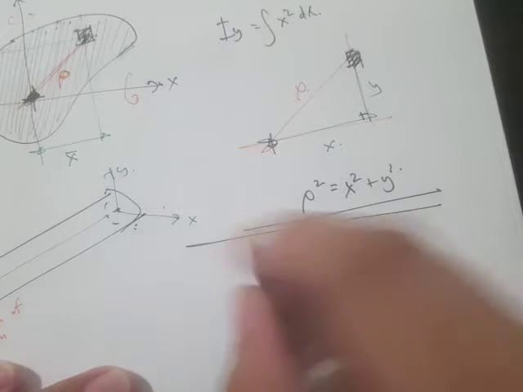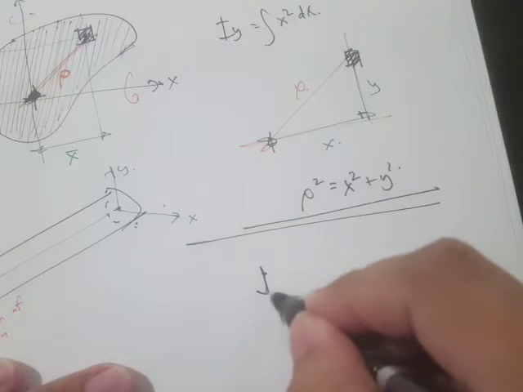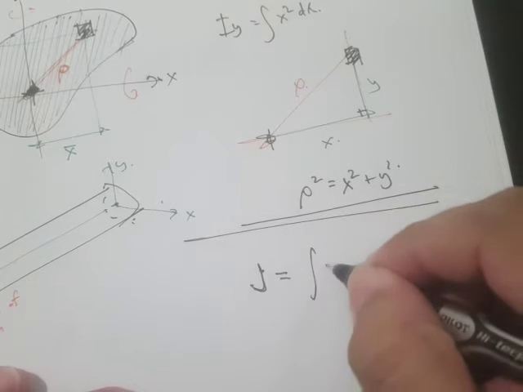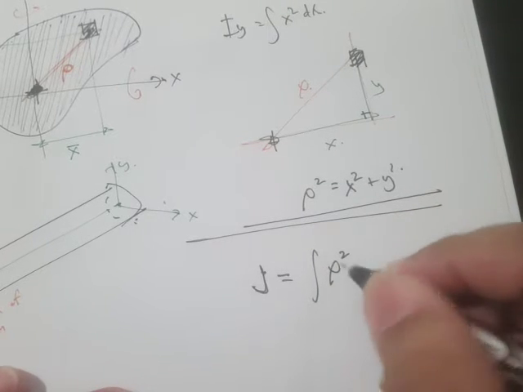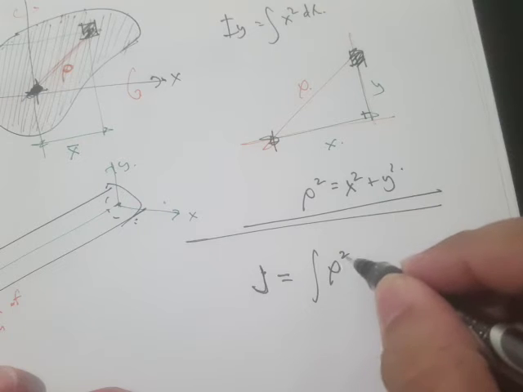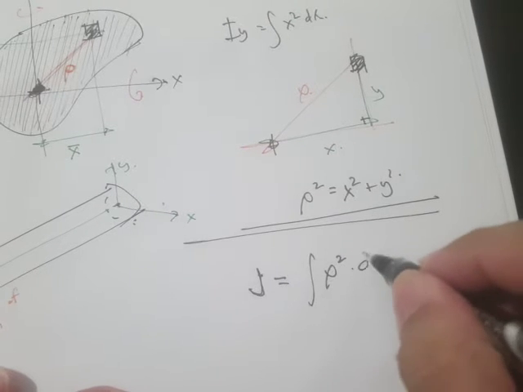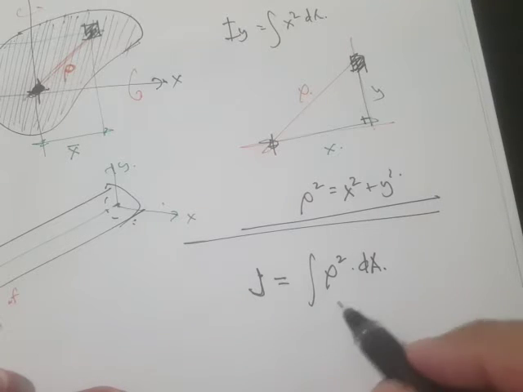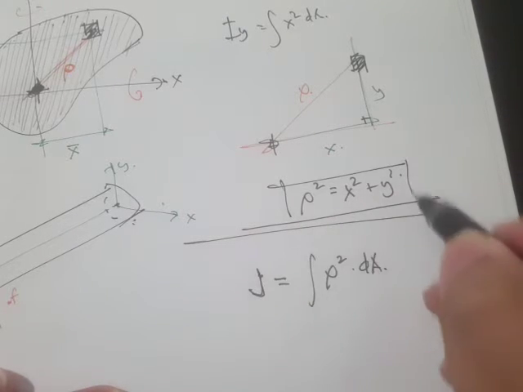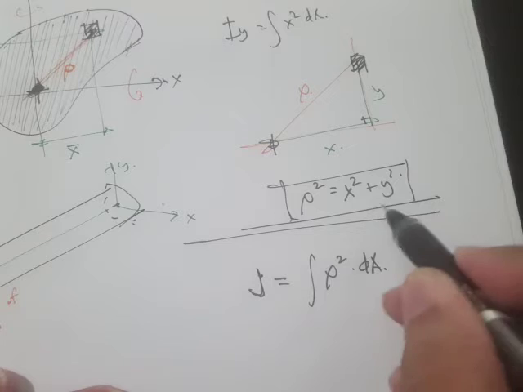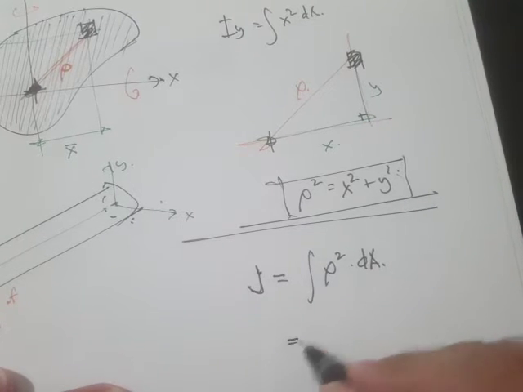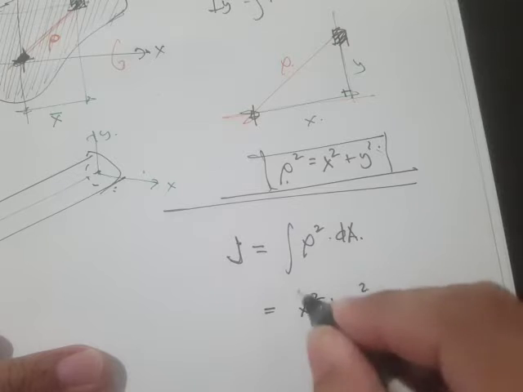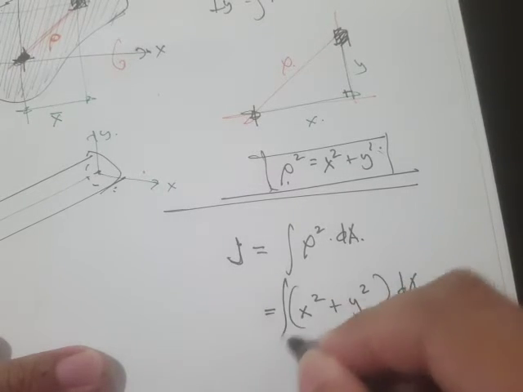Generally the polar moment of inertia is measured in terms of J. J is equal to the integral of the moment arm distance, that's rho squared, times the differential area. If we substitute this relation, what we get is x squared plus y squared, dA.